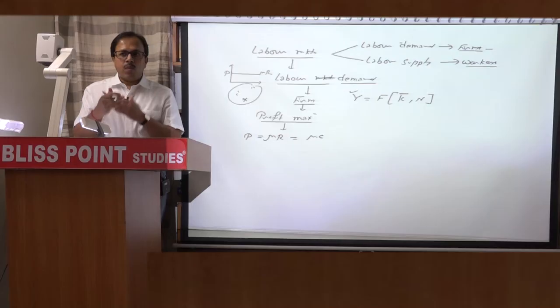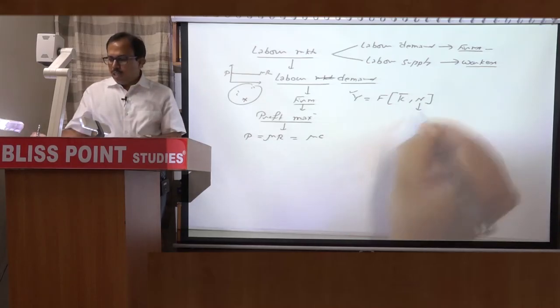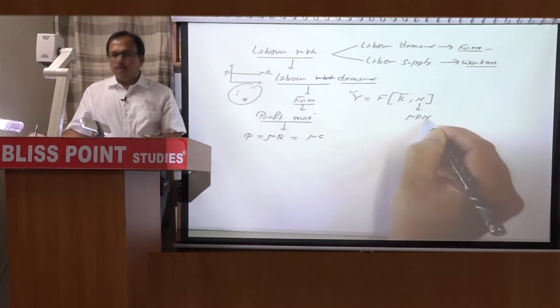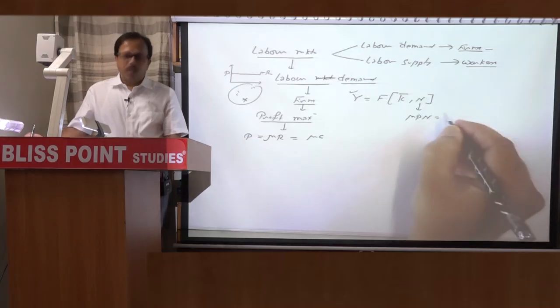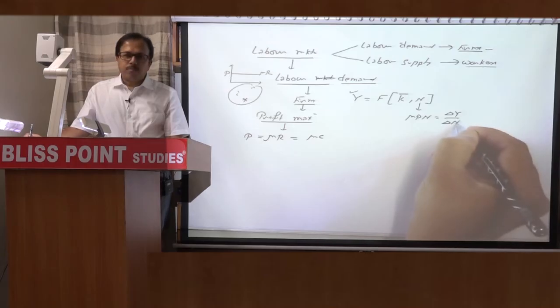But it is not that one labor produces one output. One labor may produce one output, may produce more than one output, may produce less than one output. But whatever amount of output one labor will produce, that will be called the marginal product of labor, because marginal product of labor means change in total output due to change in employment.